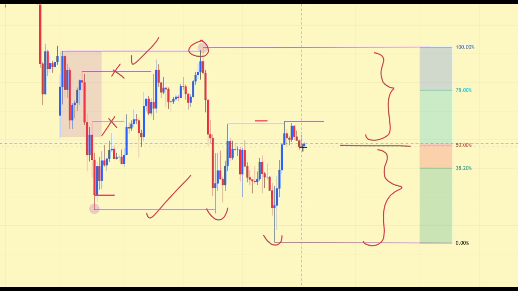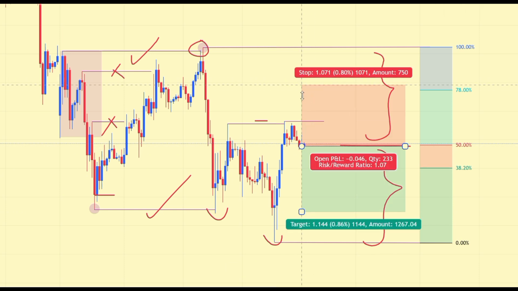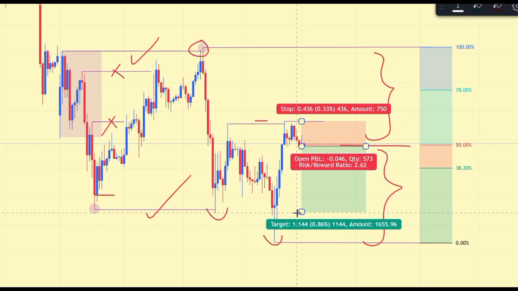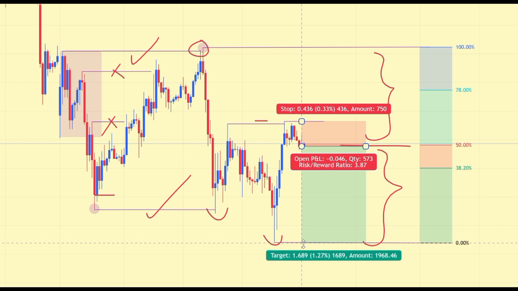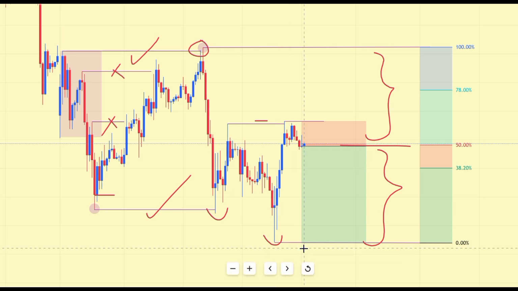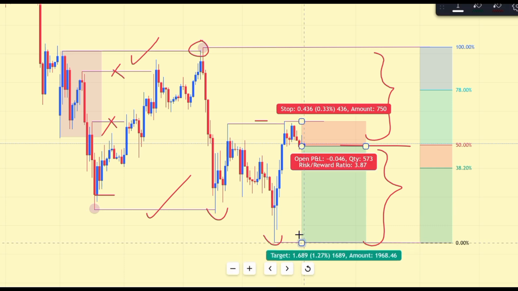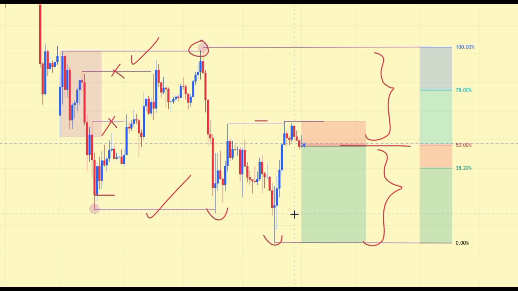You can place your sell position, stop loss at the high of that sweep, and of course target this external liquidity. Even though this will reduce your risk to reward, it's a good practice because it gives you confidence and full momentum that price will eventually head towards your TP.